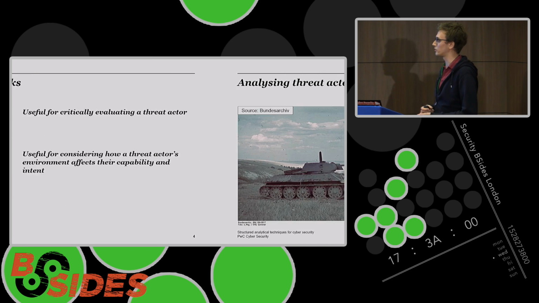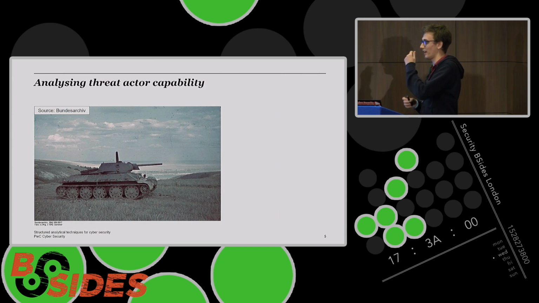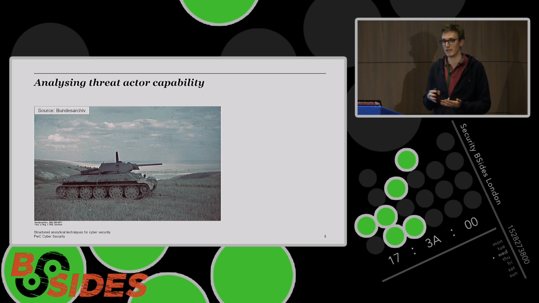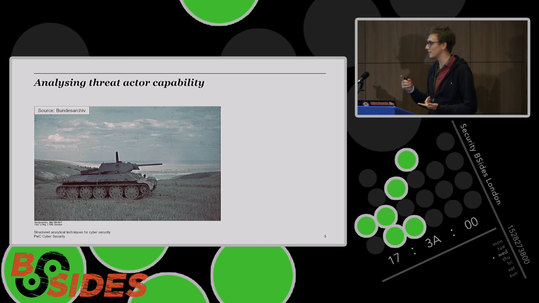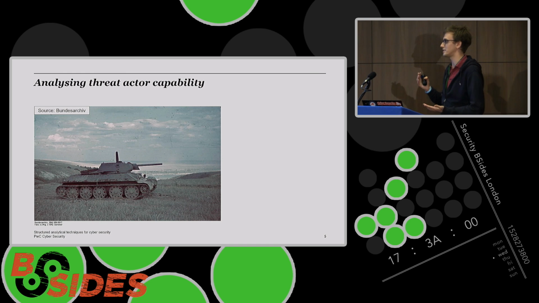The one I'm going to focus on for the next couple of minutes is more deeply about analyzing threat actor capability. It becomes useful to think about this in an easy way: guns and tanks and whatever in traditional military intelligence analysis. On the slide, we've got a T-34 tank from the Soviet Union.